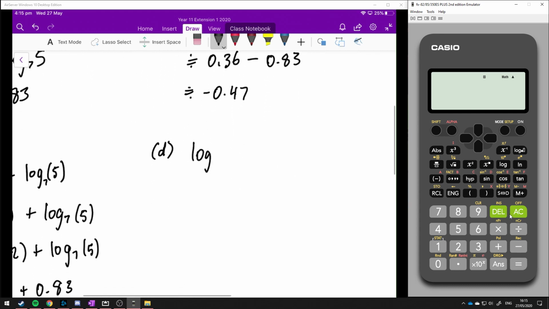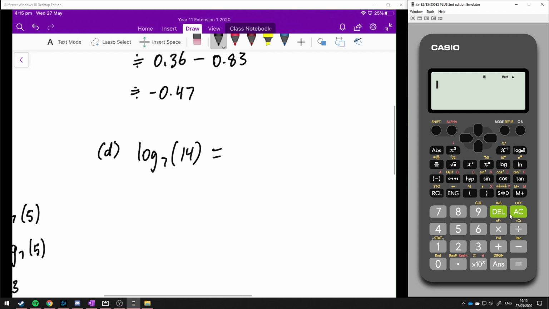That is equal to log 7 of 2 times 7, which is equal to log 7 of 2 plus log 7 of 7.